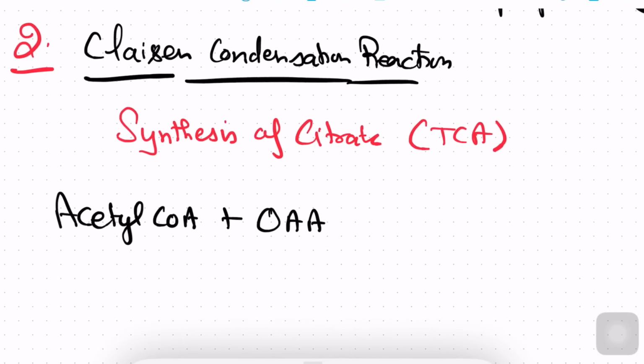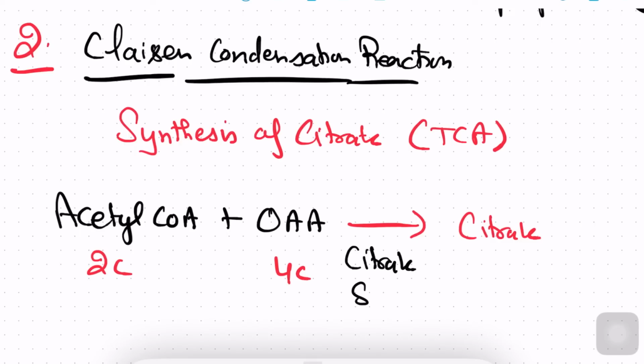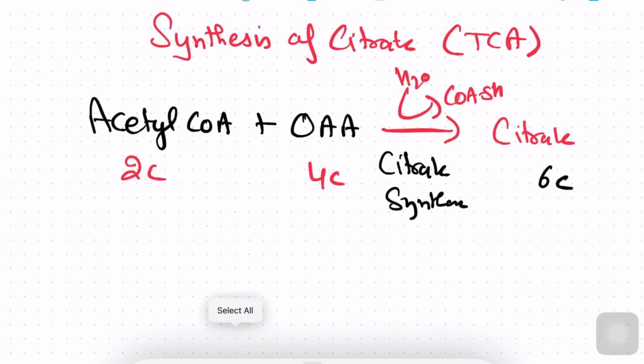Here this has 2 carbon and this has 4 carbon, and we see synthesis of citrate. This reaction is carried out by citrate synthase. This is going to have 6 carbon, and here you are also going to see the release of coenzyme A. So this reaction is an example of Claisen condensation reaction.